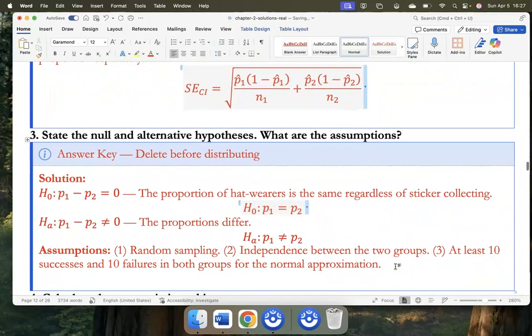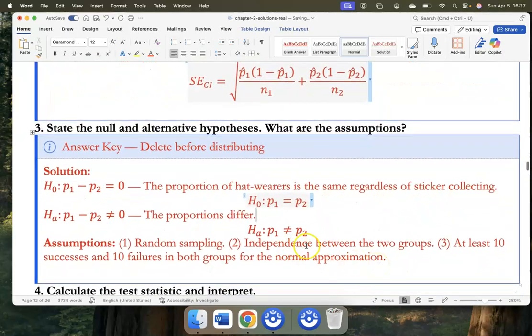All right, so in terms of assumptions: random sampling, independence between the two groups, and at least 10 successes and 10 failures in both groups.